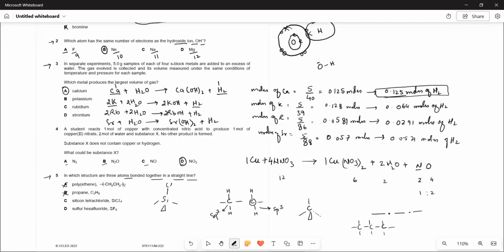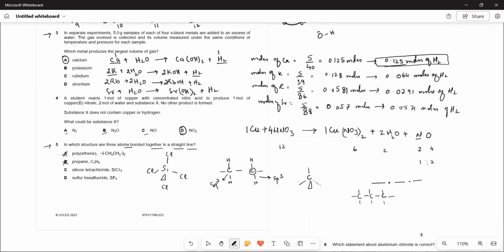But what about sulfur hexafluoride? If we look into the sulfur hexafluoride structure, it is an octahedral structure. Octahedral structure means sulfur is in the center. You can imagine a table in front of you. There are 4 corners of that table, right? Here is fluorine on the 4 corners of the table.